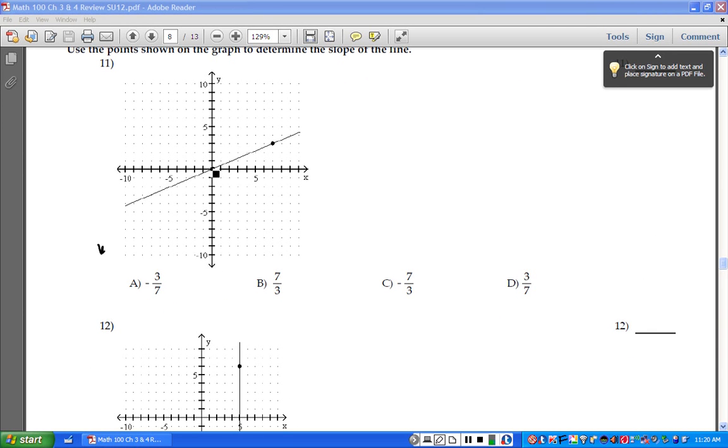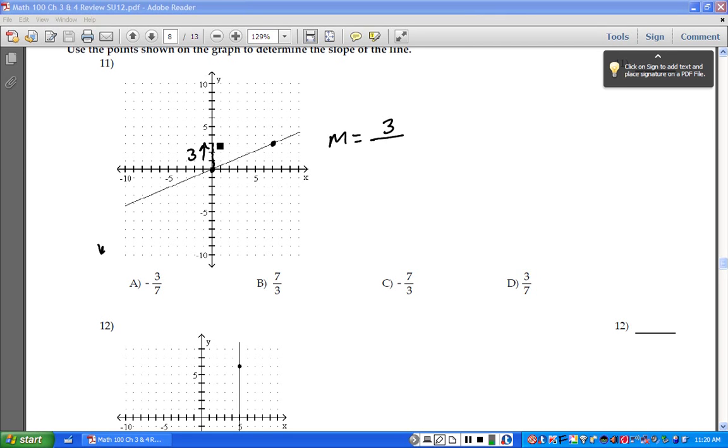Here's a point right here. Here's another point right here. So all we got to do is count up 1, 2, 3. So we went up 3. So that's our rise. Up 3 means positive 3.